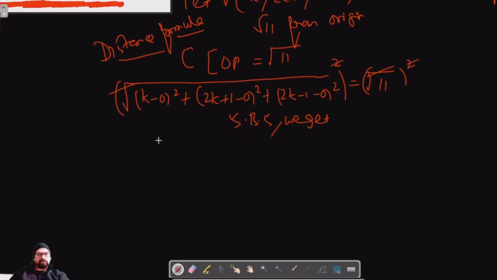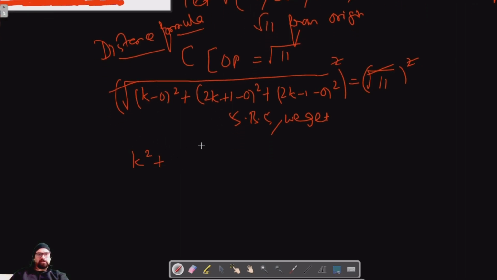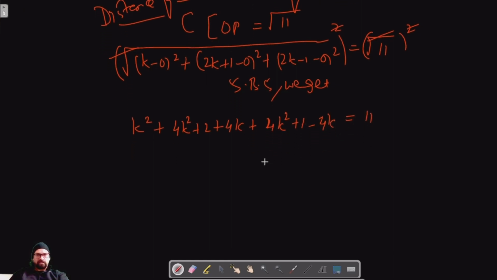So this is now k square, and this is 2k plus 1 minus 0, which is 2k plus 1. So this is a square plus b square plus 2ab, and this is also a square plus b square minus 2ab, is equal to 11.